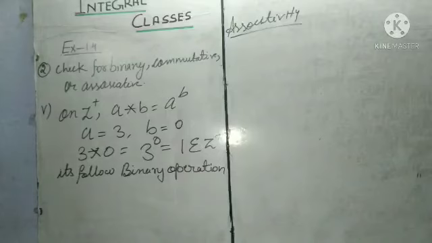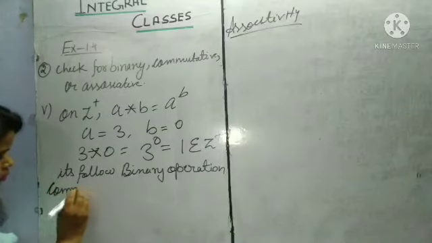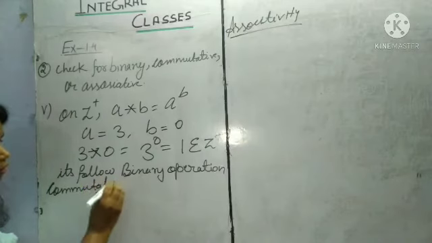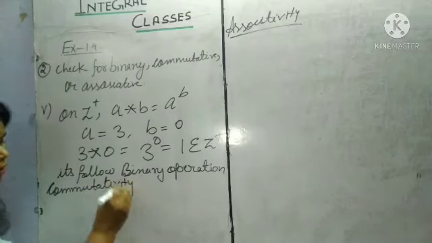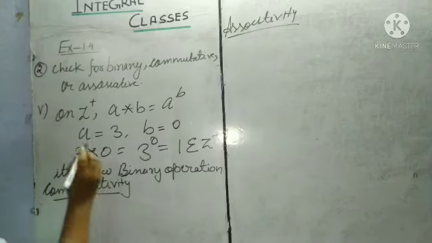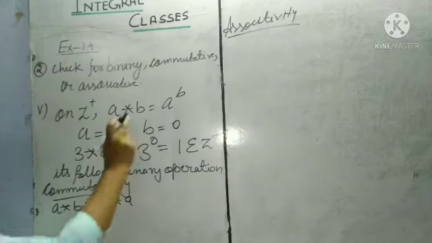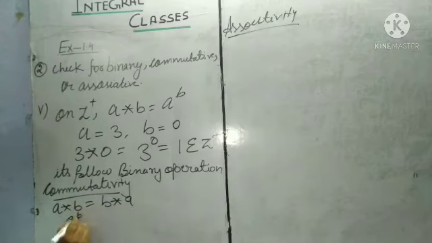Now for commutativity, we should prove A star B equals B star A. What is the value of A star B? A exponent B. And what is the value of B star A?